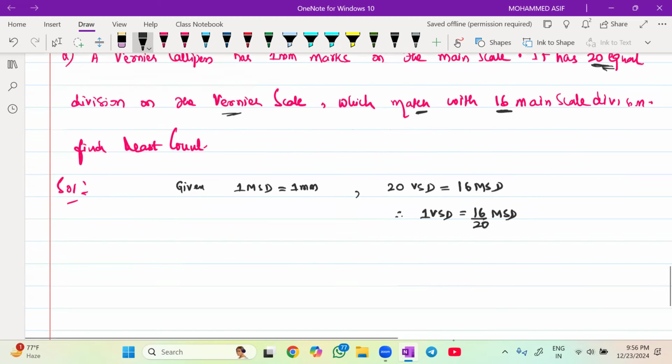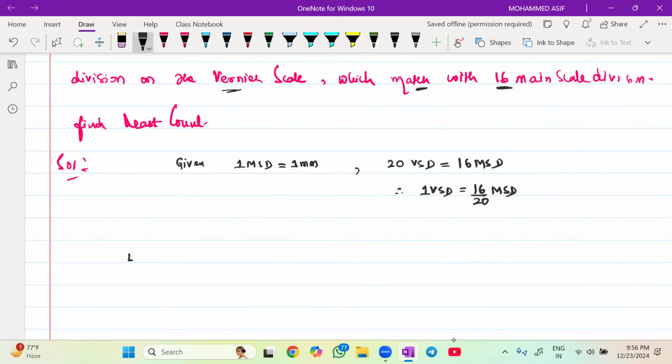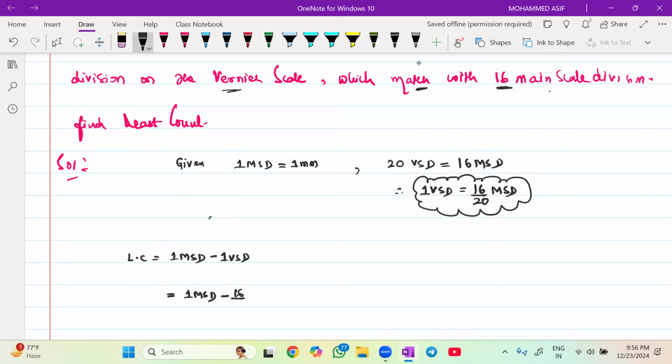Now, how do you calculate the least count? Just write the formula. Least count is equal to 1 MSD minus 1 VSD. Here 1 VSD is equal to 16 divided by 20 MSD.